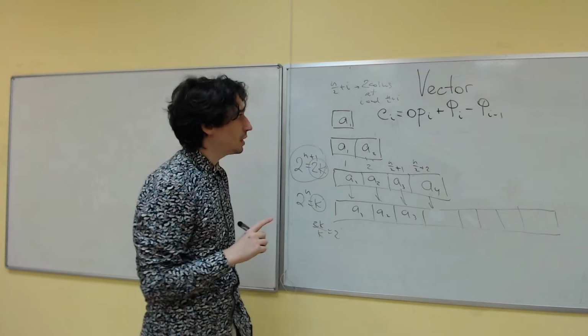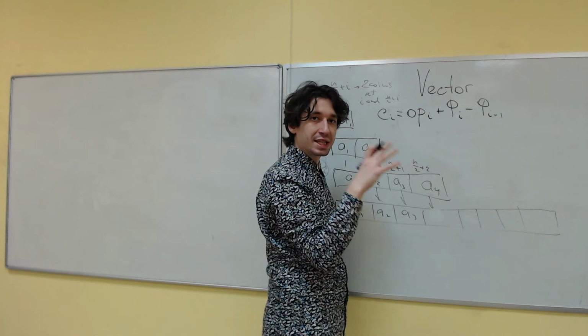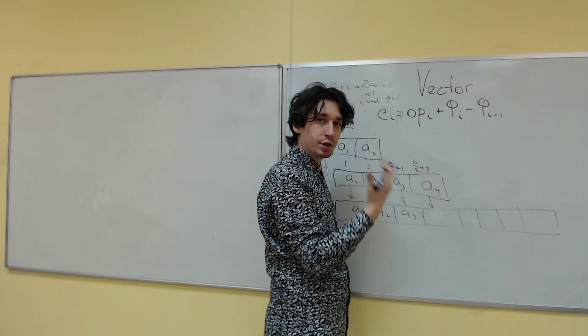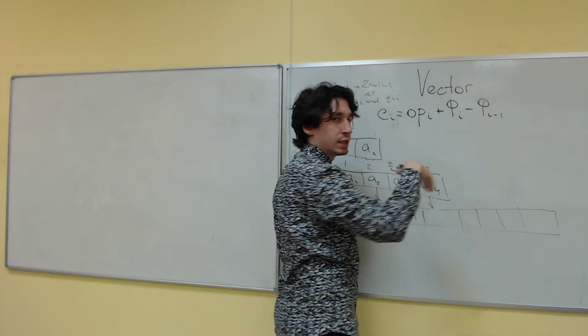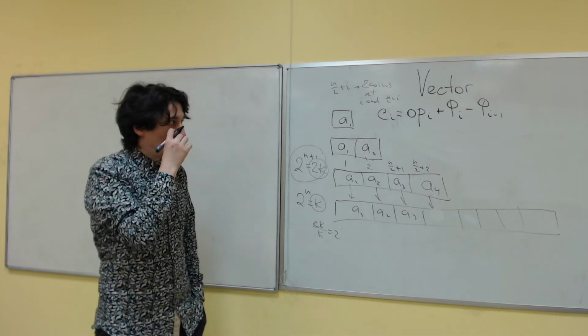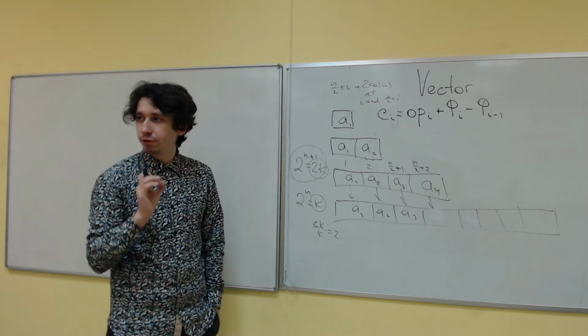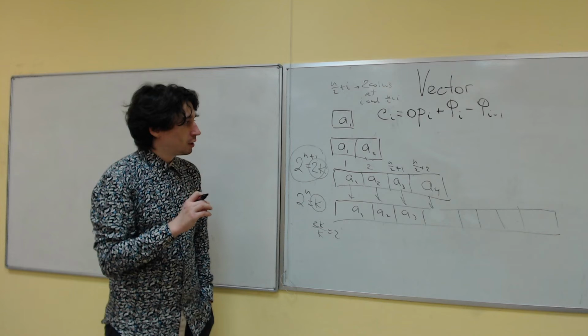What does it mean? fi means the potential of the state of the data structure after the operation, and fi minus 1 is the potential of the data structure before the operation. That's pretty hard because you have to find the right potential for your data structure.